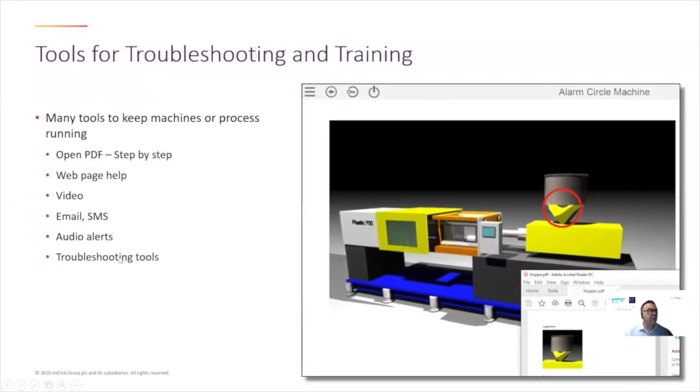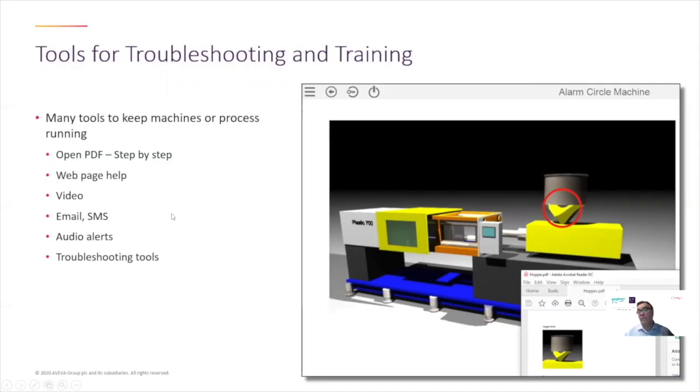In addition to the standard troubleshooting tools that we have, being able to view and troubleshoot communication statuses, you can also provide operators and maintenance staff things like opening up PDFs and showing a step-by-step of how to fix this trouble, this thing that we've run into before, or how do I learn from those things? You could use web pages, playing videos, email, text messages to get to people, audio alerts.